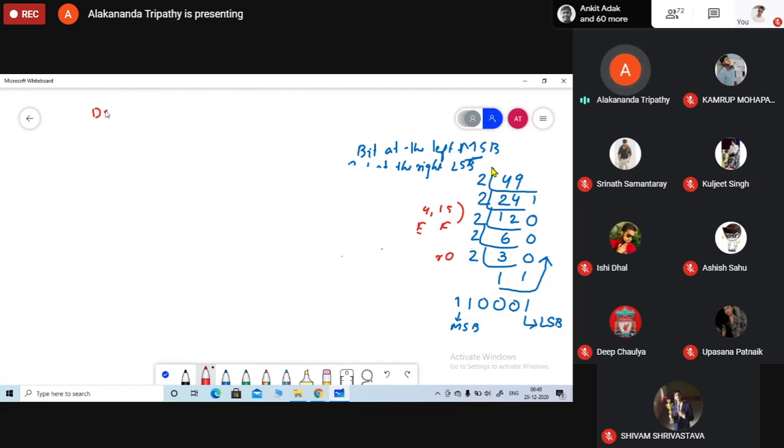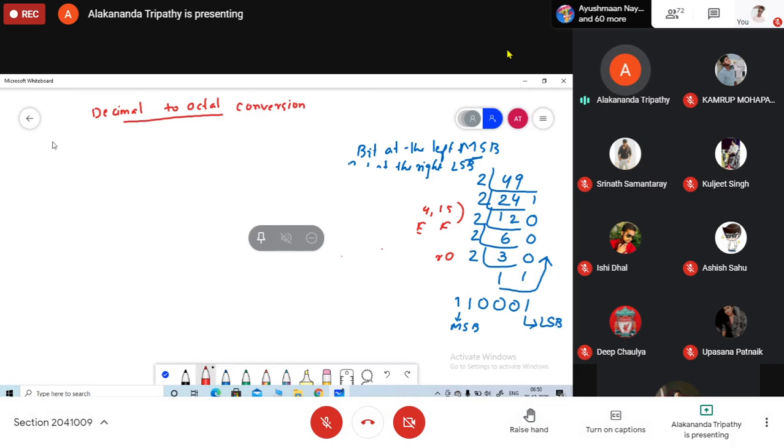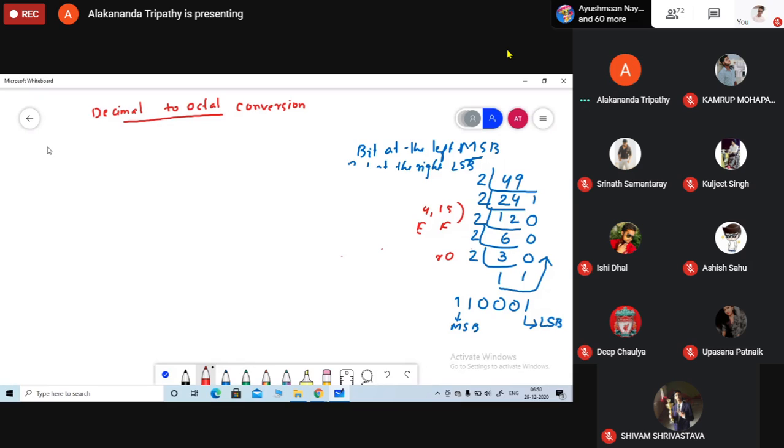Next is decimal to octal conversion. So how are we going to convert a decimal number to octal? Let my number be 53.